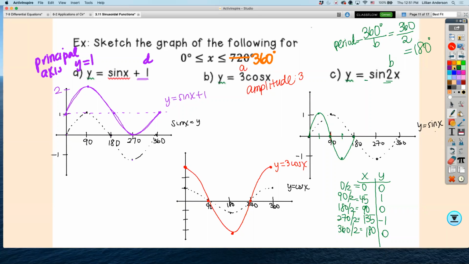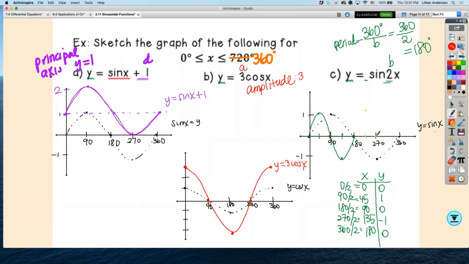Now, something else that I would like to highlight, because it did say graph for 0 to 360. Right now I only have 180 graphed for this new graph. Since these are periodic functions, they're going to repeat the same cycle, the same pattern. So I'm going to go halfway in between these two, and then I'll be at 1.